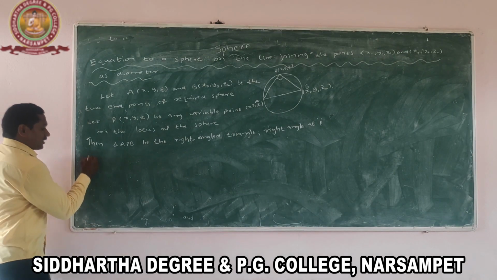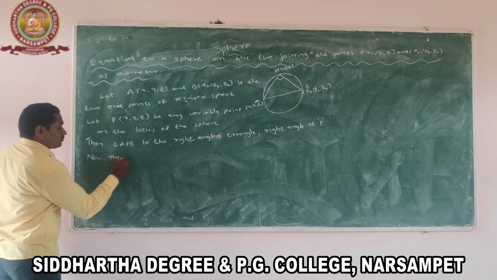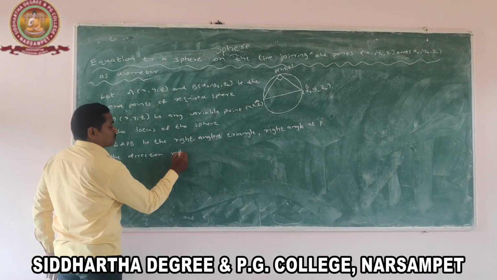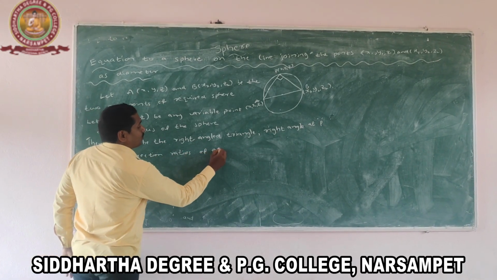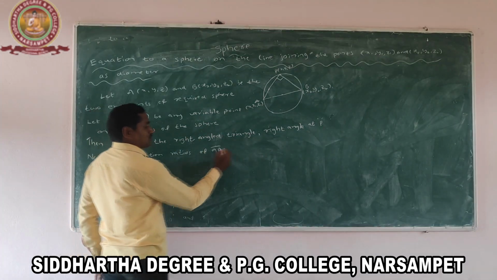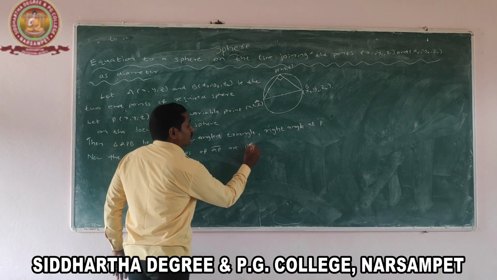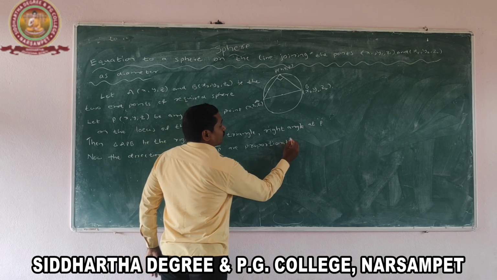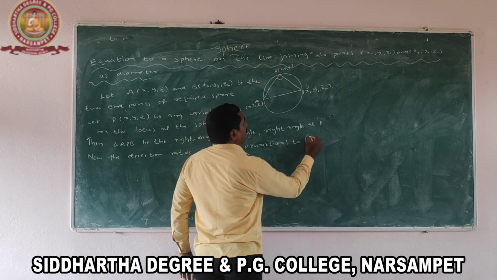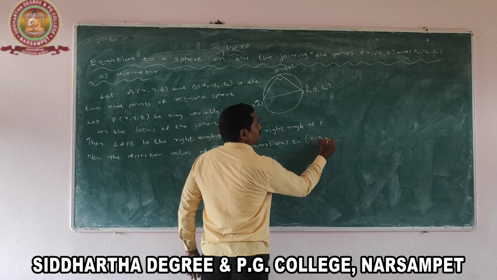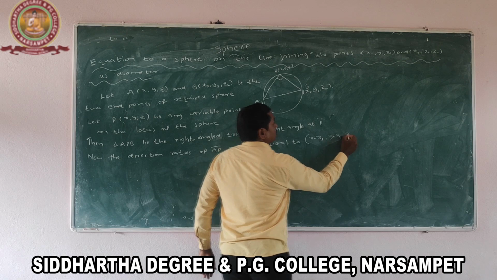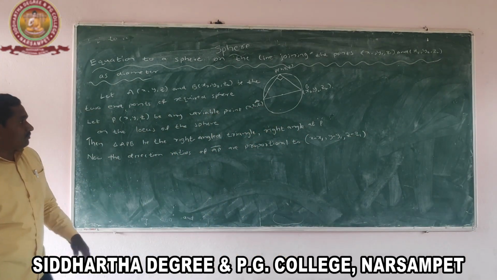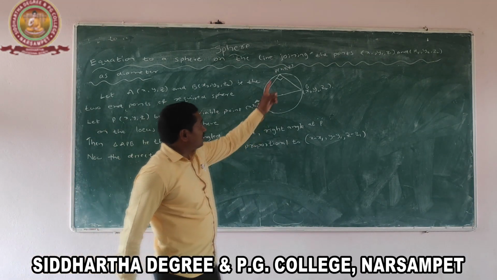Right? Now we can write the direction ratios of AP. Suppose A is x1, y1, z1 and P is x, y, z.